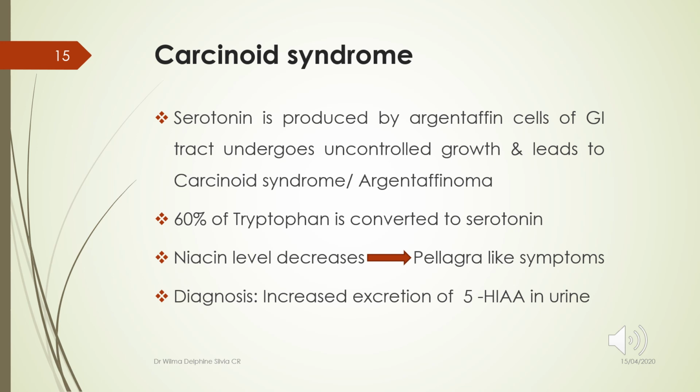Therefore, niacin deficiency or pellagra-like symptoms may also be seen in carcinoid syndrome. The diagnosis of the condition depends mainly on the detection of increased excretion of 5-hydroxy-indole acetic acid in urine, because serotonin, when it undergoes degradation in presence of the enzyme monoamine oxidase, gets converted into 5-hydroxy-indole acetic acid, which is excreted in the urine.